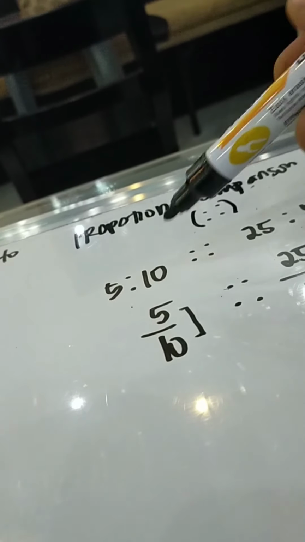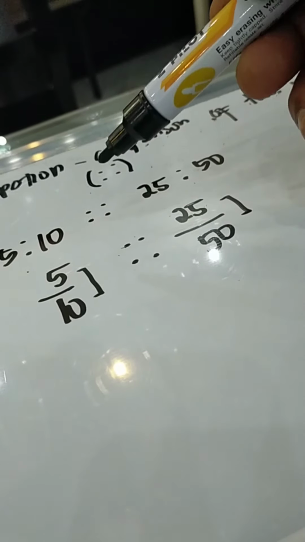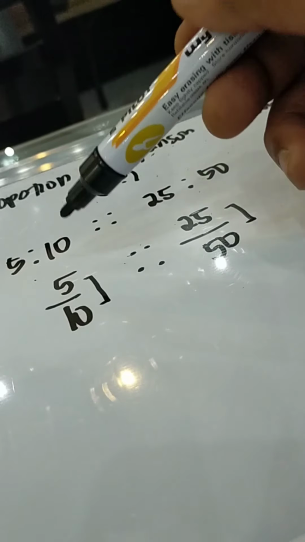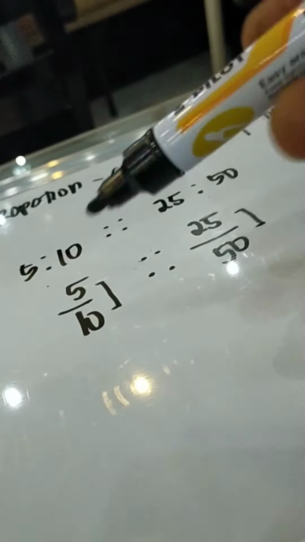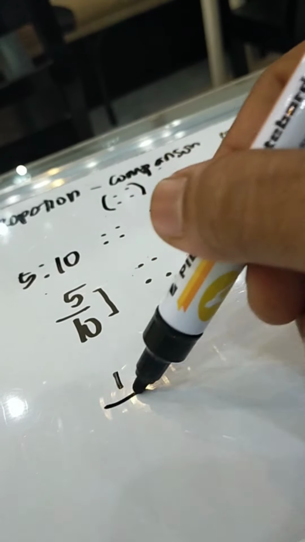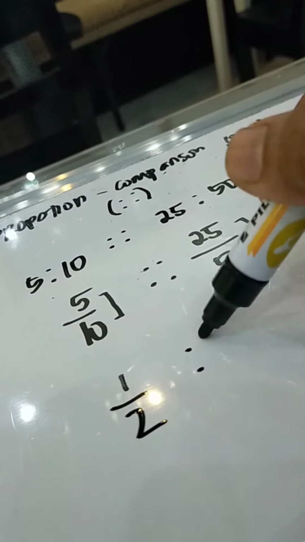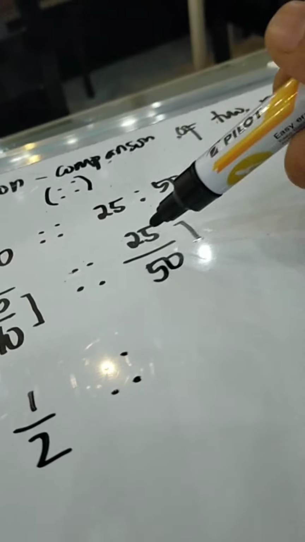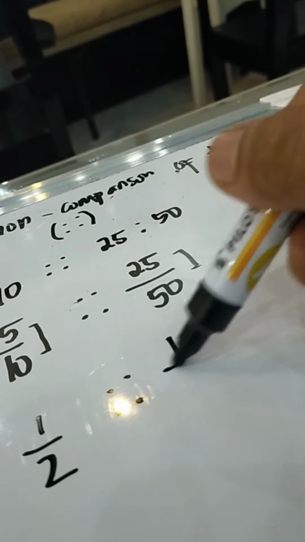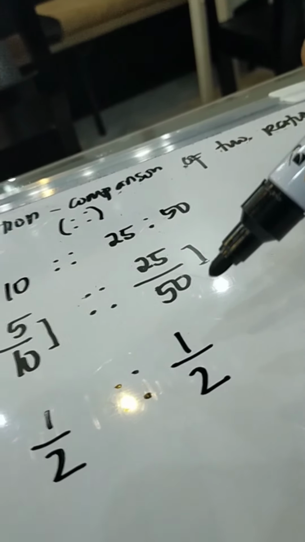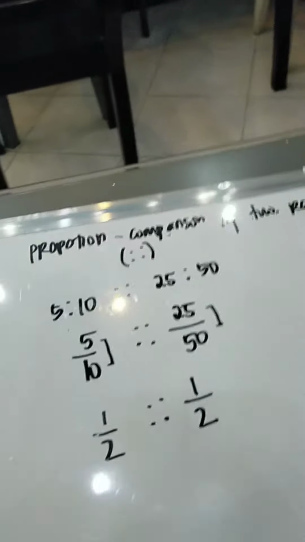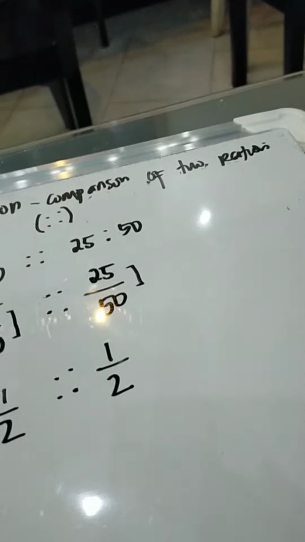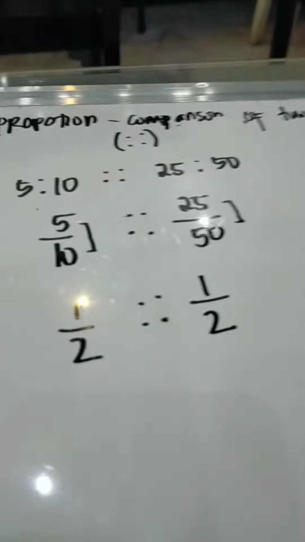So, halimbawa, dito ma-identify natin paano naging proportion itong dalawa. Kasi, kung isi-simplify natin ito, 5:10, pwede natin siyang gawing 1/2. Proportion siya kasi 25/50 is also equal to 1/2.